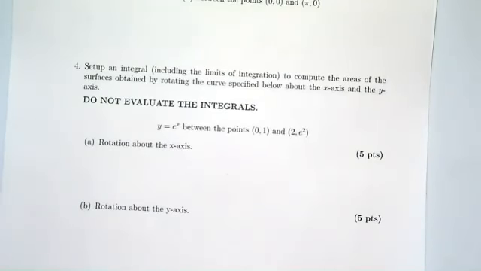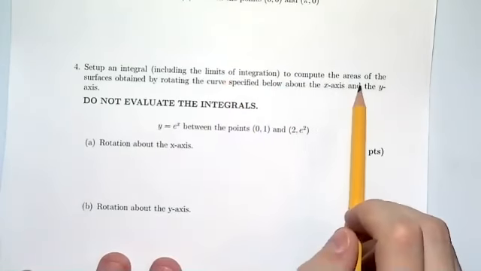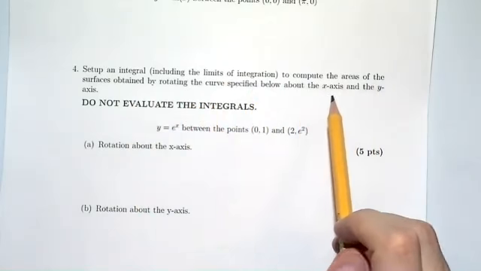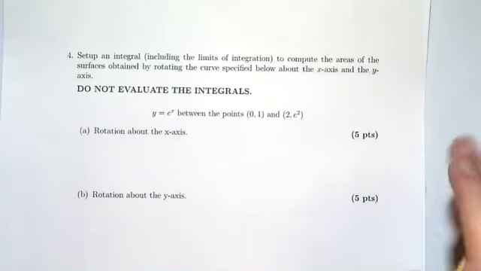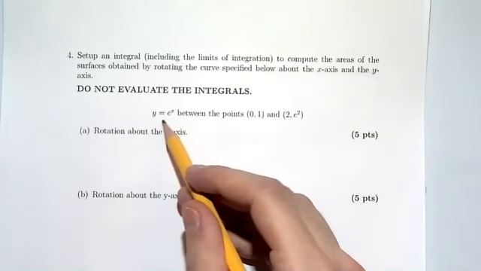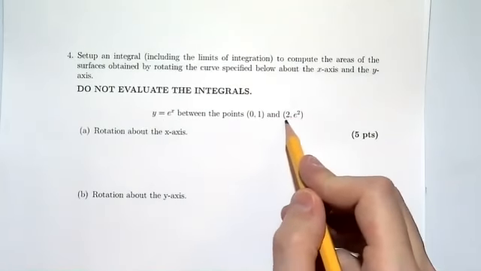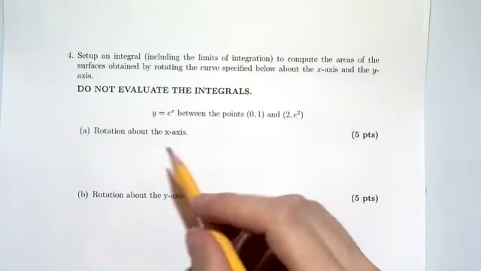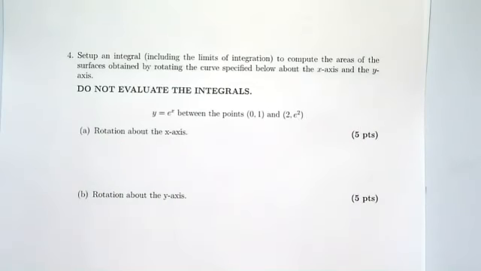So this one, setting up an integral. We are computing the areas of the surfaces obtained by rotating the curve specified about the x-axis and the y-axis. So we're given the curve y equals e to the x, between the points 0 and 1, and then 2 and e squared. So rotation about the x-axis.